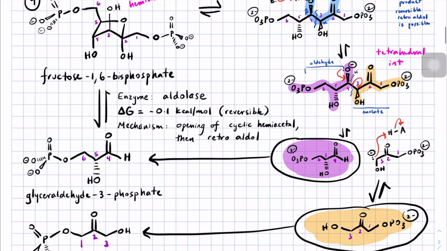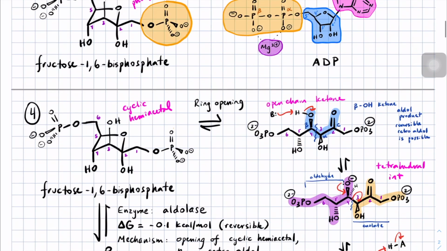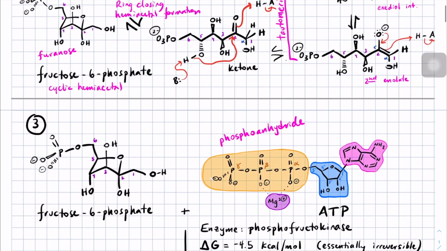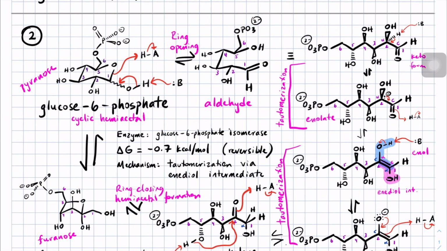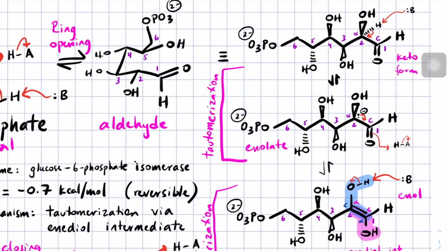It's worth pausing here to think about the chemical strategy that led us to this point, where we could split a 6-carbon molecule up into 2 3-carbon molecules. And to deal with this, we're going to scroll upward to look at the open chain form of glucose.